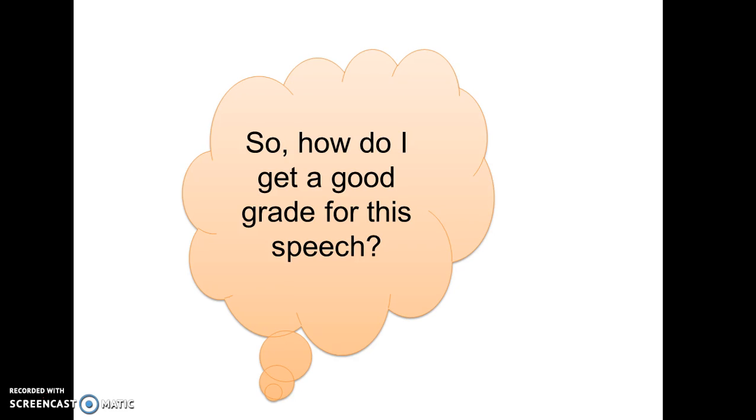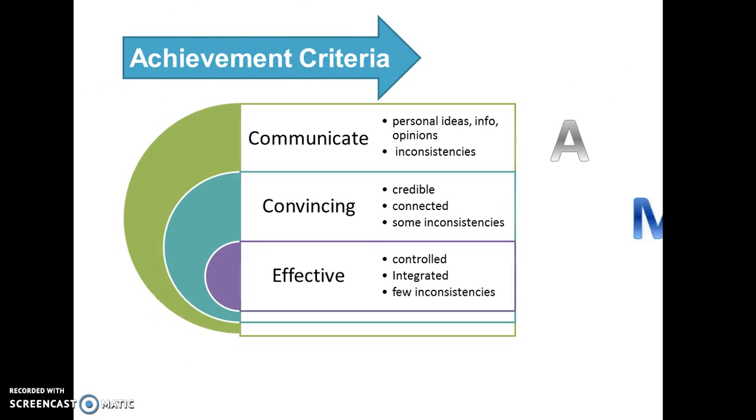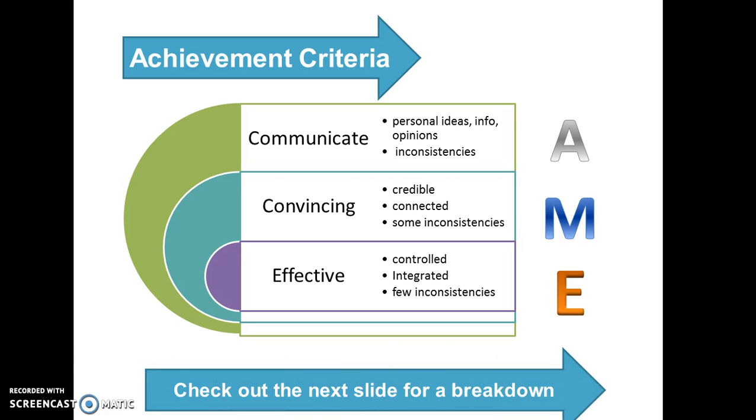So, how do I get a good grade for the speech? You should all be getting excellence. The achievement criteria for this standard are that you communicate personal ideas and information and opinions. At the level of achieved, you will communicate, but there will be lots of inconsistencies in your communication.